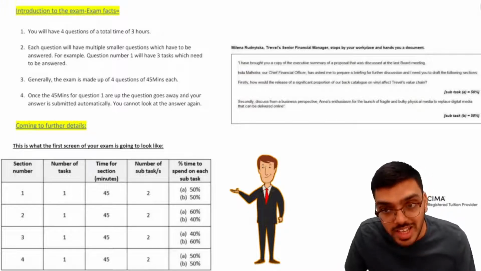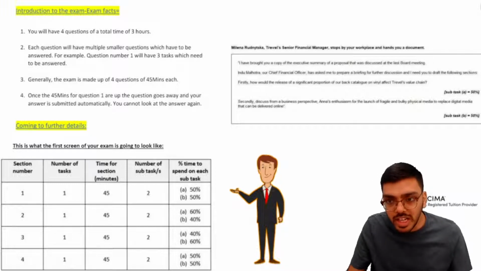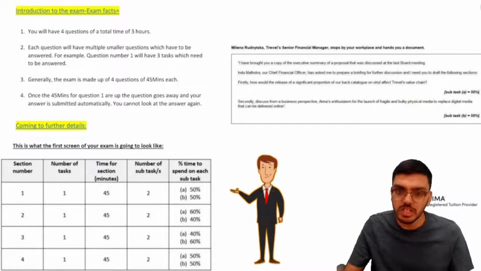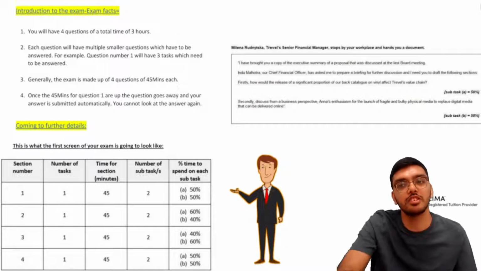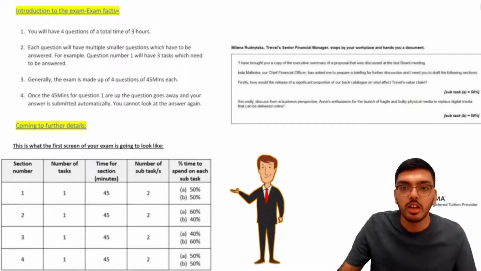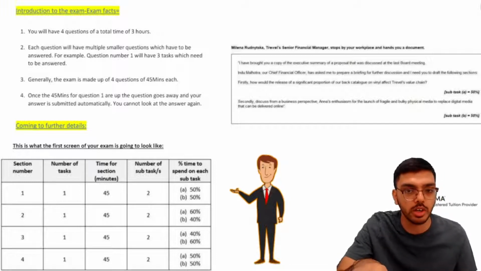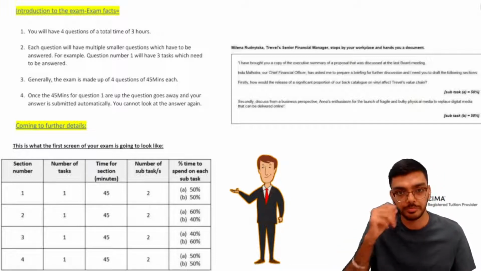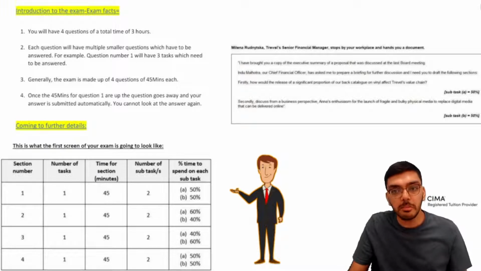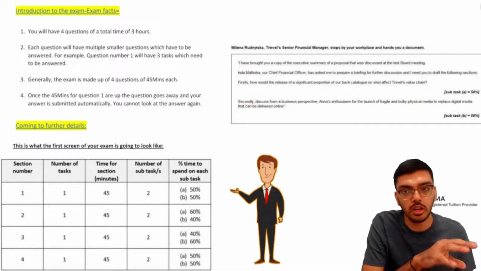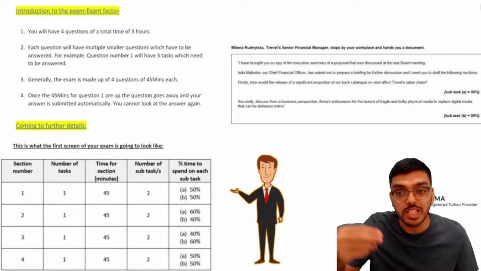To give you an example of the subtasks, I've taken a picture over here, which is a little blurred, but I just want to point out a very important notification. This is the image of an actual question subtask.